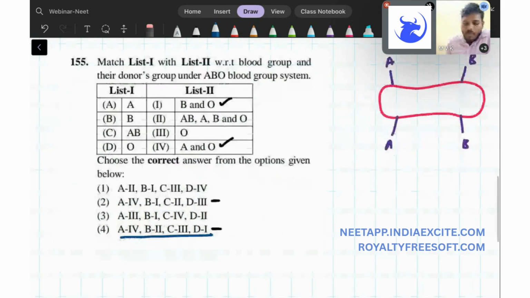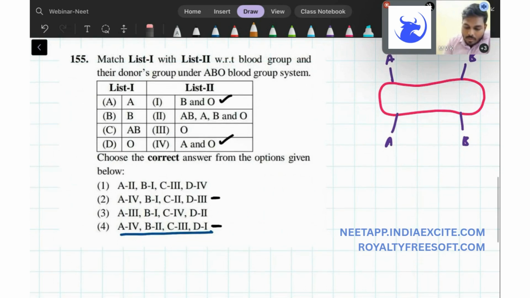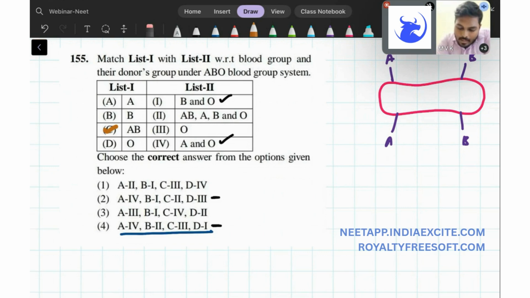But for sharing some idea, I'll proceed to the other options. Option C, AB blood group. They can receive blood from AB, A, B, and O. So these are the respective donors.